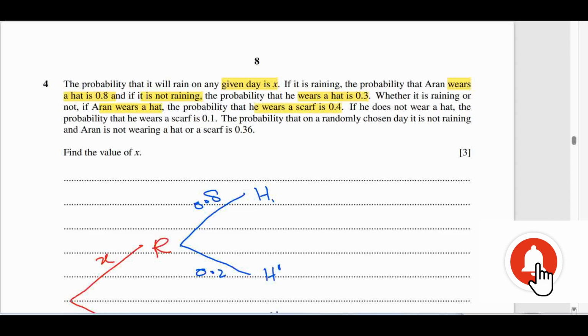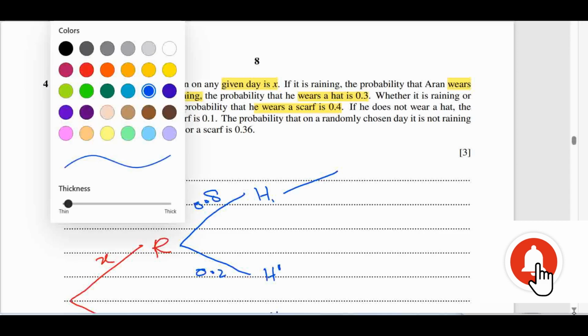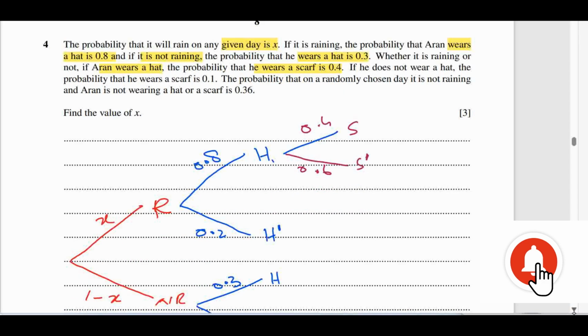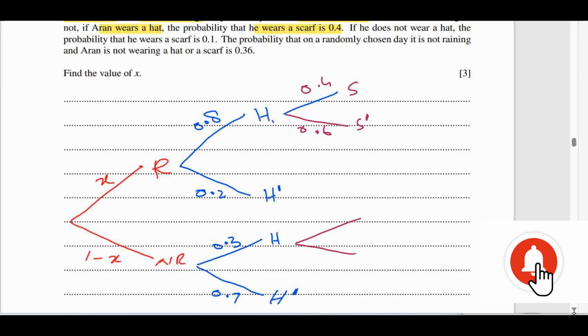This means that whether it is raining or not, if a hat is worn, what will be the probability of wearing a scarf? 0.4. Scarf probability will be 0.4. Not scarf will be 0.6. Similarly, if a hat is worn, the scarf probability is 0.4 and not scarf probability is 0.6. Clear till here.